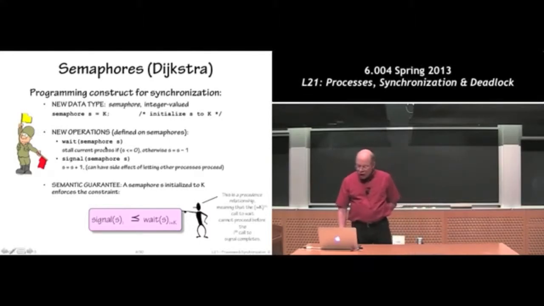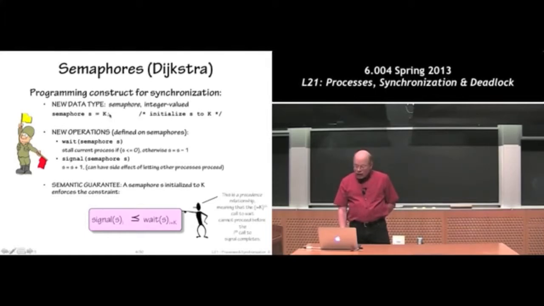So remember, the argument to wait and signal is the name of a semaphore, and you should think of the semaphore as having an integer value. In this case, you can see we initialized it to k, and so we're managing a resource that has k parts to it, and that'll become more obvious.